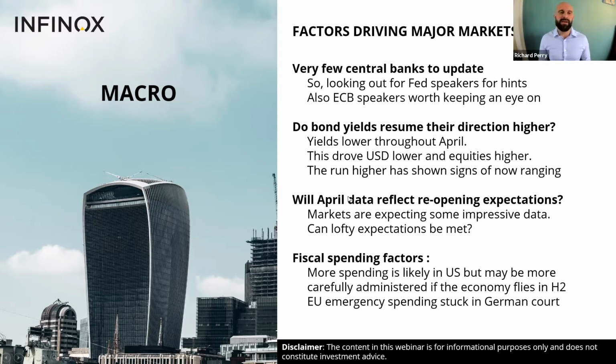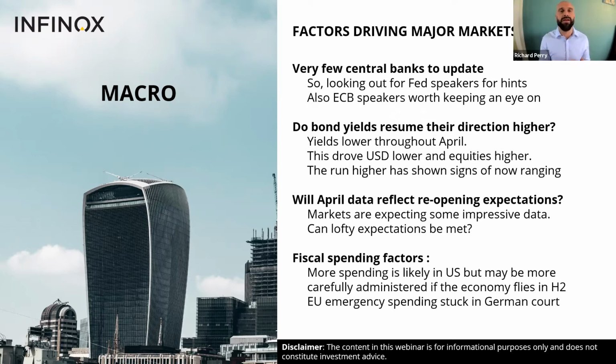April data, April economic data. How does Q1 start to pan out for markets? Q1 was obviously a lot of countries still in lockdown. Those lockdown restrictions, certainly for the US and the UK, have started to be eased now.